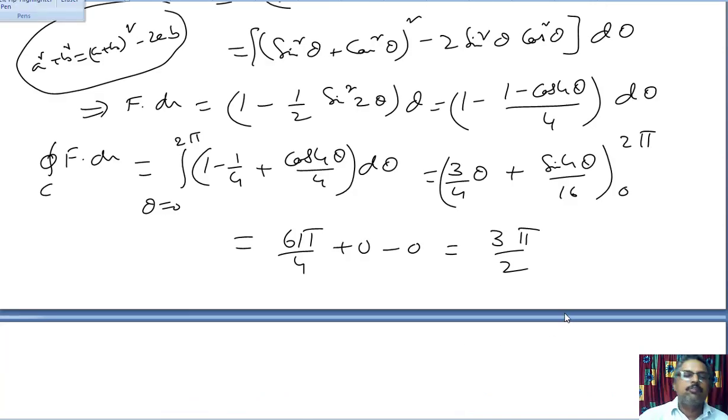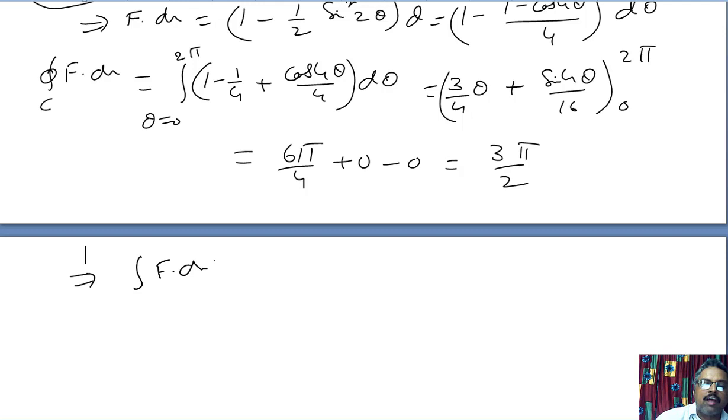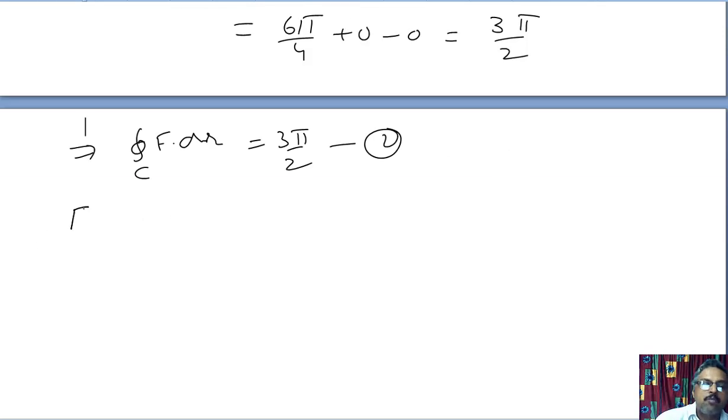So now this is the conclusion. This implies the integral of F dot dr along the closed curve equals 3 pi by 2. From 1 and 2, what do you say?